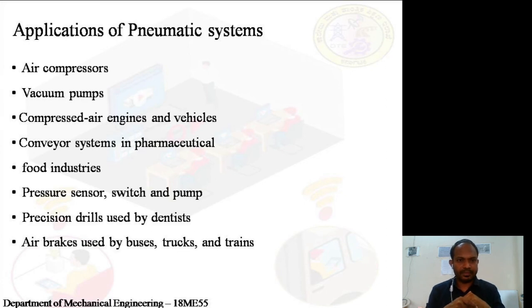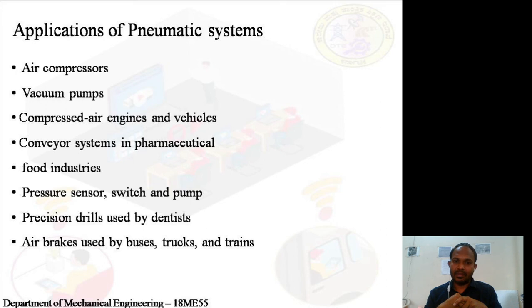Now, the different fields of application of the pneumatic systems are the air compressors, the vacuum pumps, and the compressed air. Vacuum pumps, you know it, you just create the vacuum. Okay, then the air compressors we use, as I have already told you. Compressed air engines and vehicles, we use it in vehicles also.